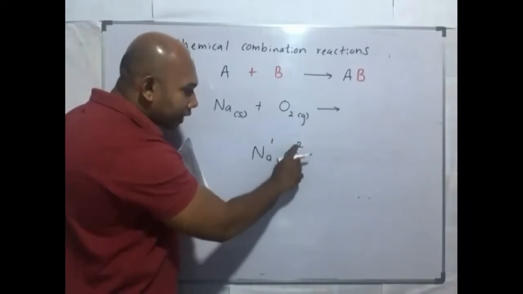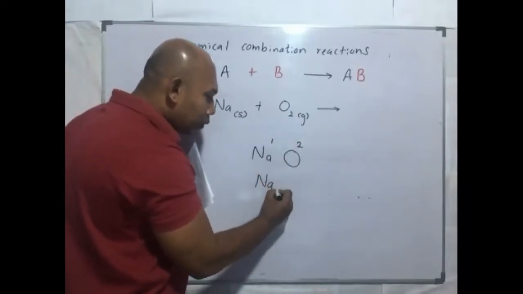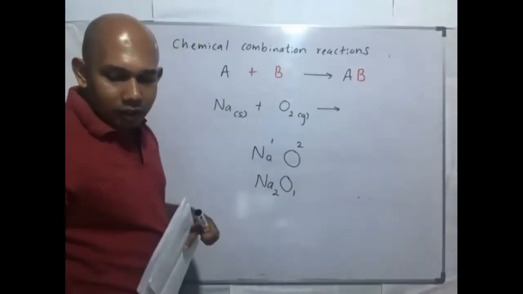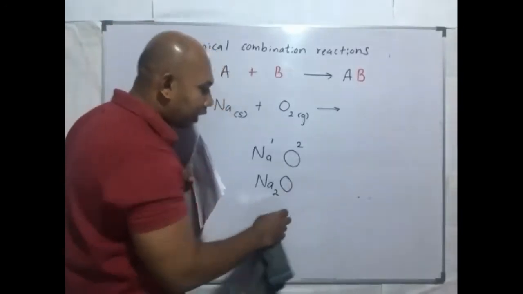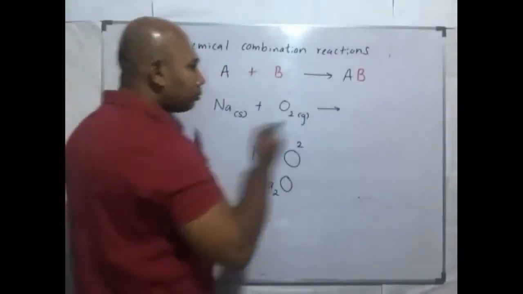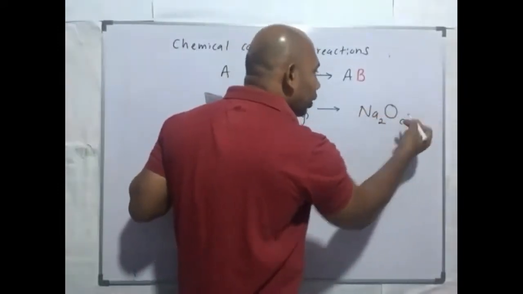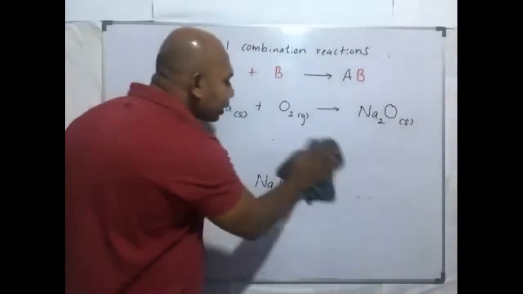Next one, we need to exchange the valency. We swap the valencies: Na2O1. Then commonly, when we write the chemical reaction, we do not write 1. This is the formula Na2O. This is solid, right? Then still this is an incorrect reaction.